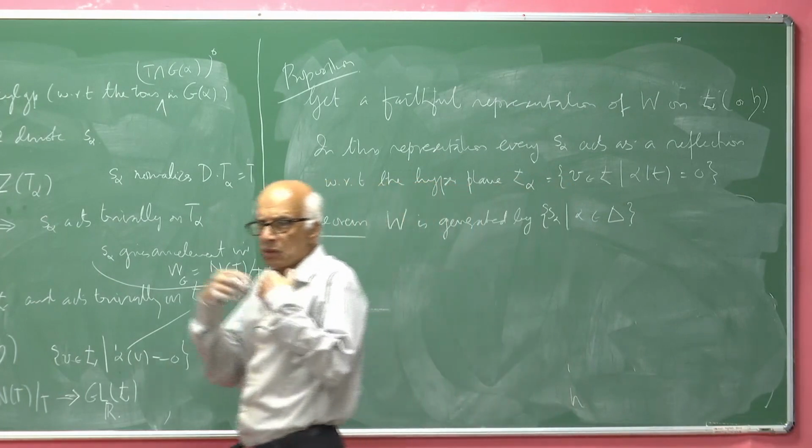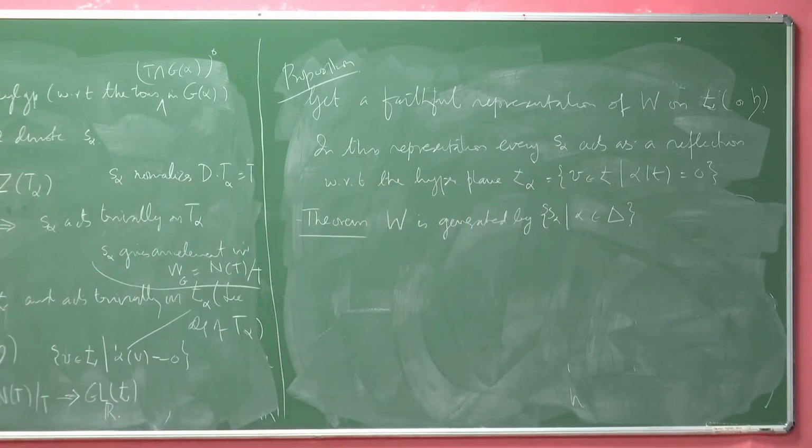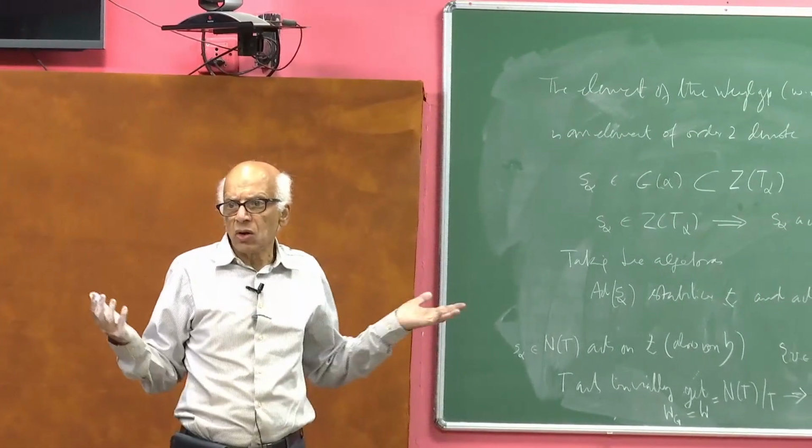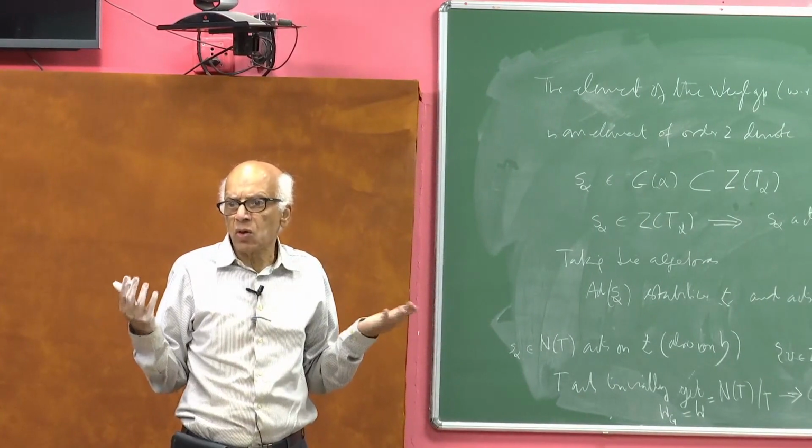The Weyl group is a group generated by reflections. It's a finite group. Why? Because NT by T we know is finite. It's a finite group generated by reflections. And finite groups generated by reflections have all been classified. They are known as Coxeter groups.